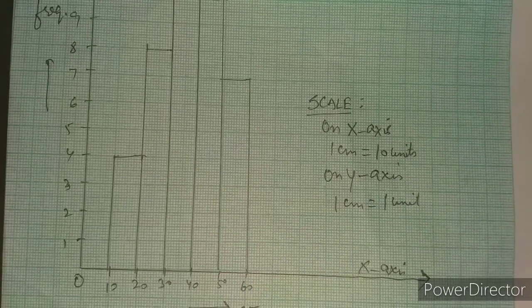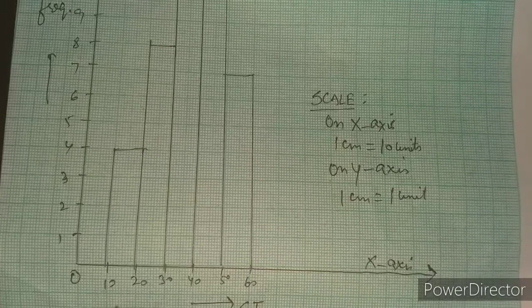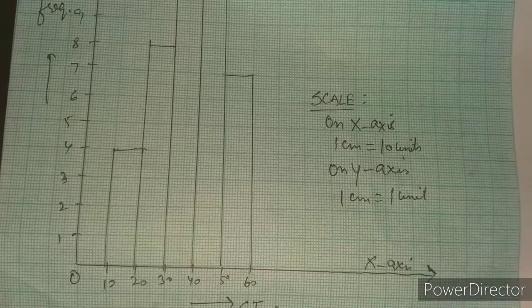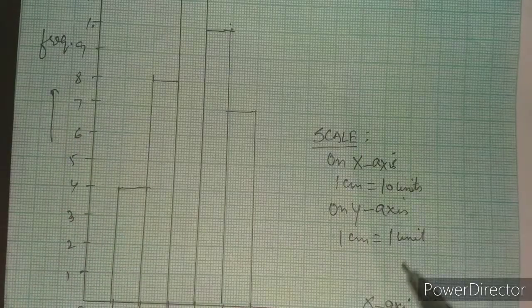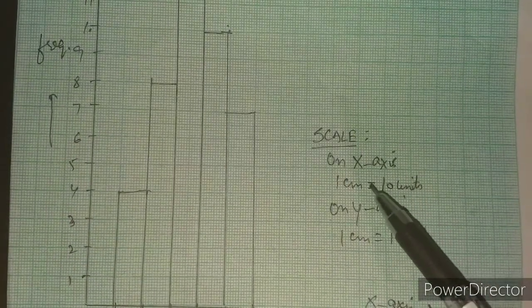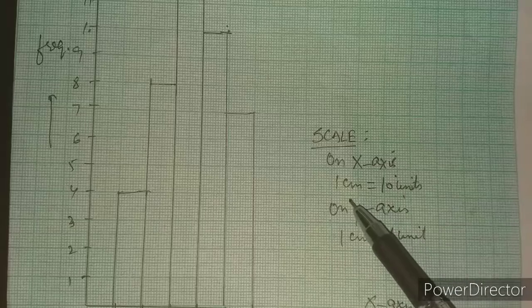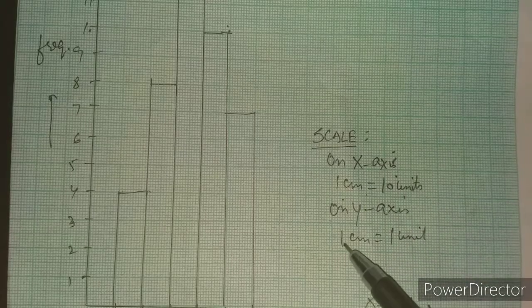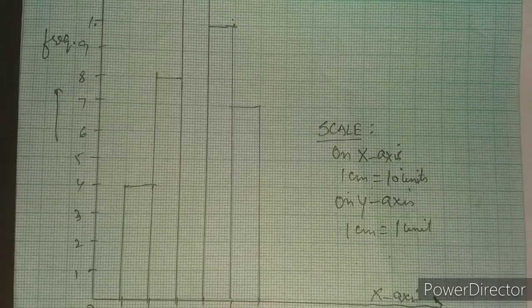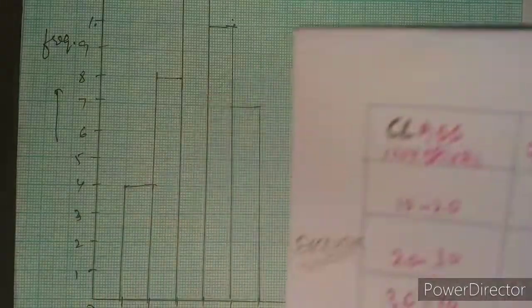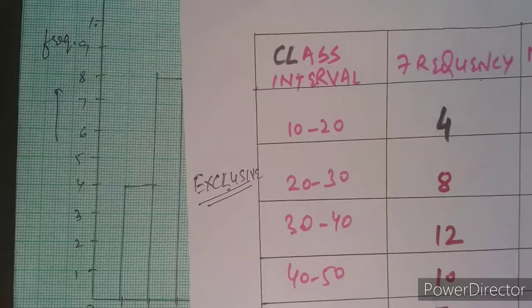I have already told you the method. On the x-axis I have taken class intervals, and on the y-axis I have taken frequency. Then I have taken a suitable scale. On the x-axis, the scale is 1 centimeter equal to 10 units, and on the y-axis, 1 centimeter is equal to 1 unit.